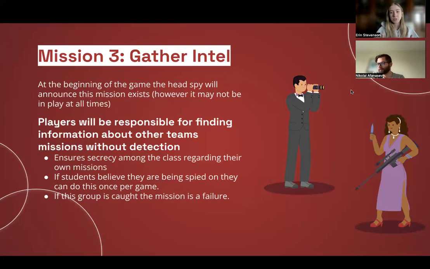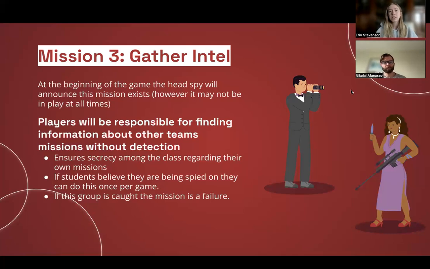Also, if students think that they are being spied on at any time, they can report this to the teacher. However, they can only do this once per game, and they might be right, they might be wrong. If they are right, it means that the group that is caught, the mission is a failure.